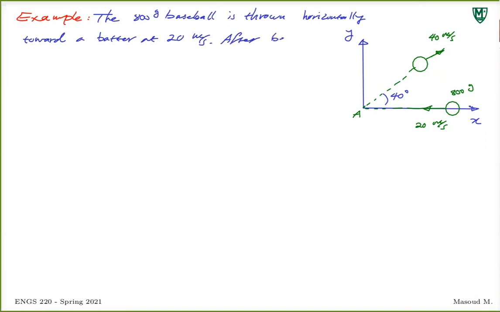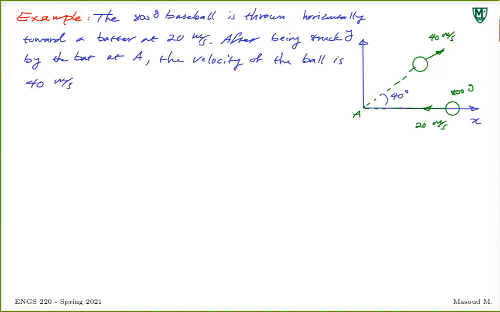After being struck by the bat, let's say at point A, the velocity of the ball is 40 meters per second in the direction shown.